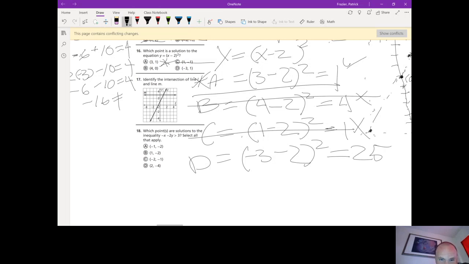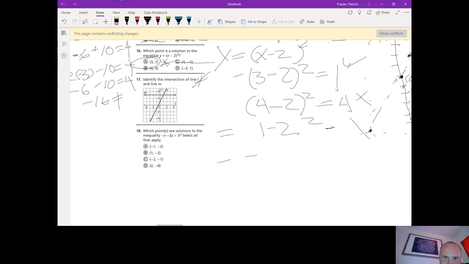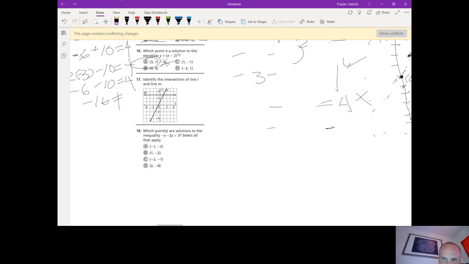We were supposed to get 1, so that does not work either. The only one that works is A. So A would be the answer. And now we are on to problem 17.